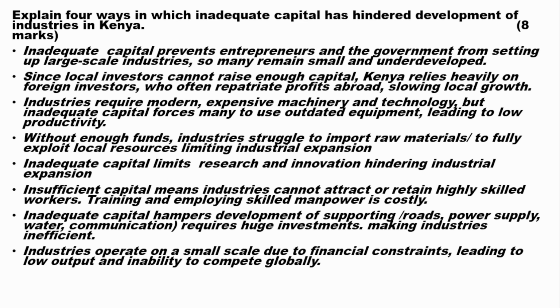You also have industries that require modern, expensive machinery and technology, but inadequate capital forces many to use outdated equipment, leading to low productivity. Then, without enough funds, industries struggle to import raw materials to fully exploit local resources, limiting industrial expansion.